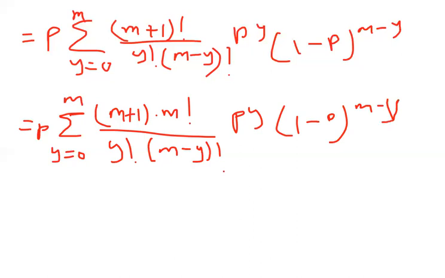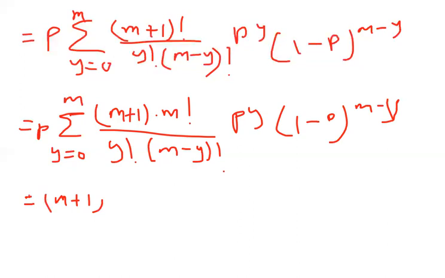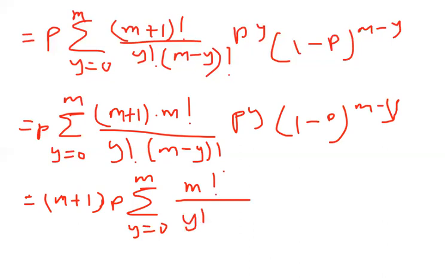Then I'll have m plus 1 multiplied by p, summation of y equals 0 to m, then m factorial, all into brackets, over y factorial, m minus y factorial, p to the power y, 1 minus p to the power m minus y.